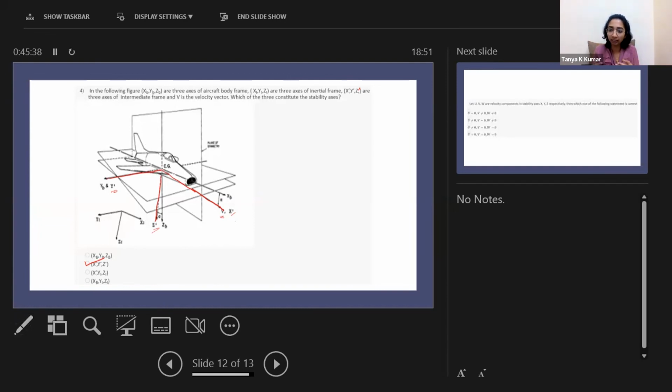The entire velocity is oriented along your x dash. You have rotated your stability axis such that it is oriented with the velocity. So it has components only in the x dash direction, that is, it has only u. The other two are perpendicular to the velocity, so z dash and y dash have no components of velocity.